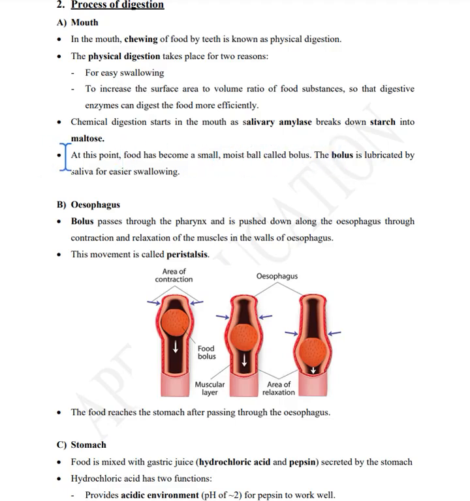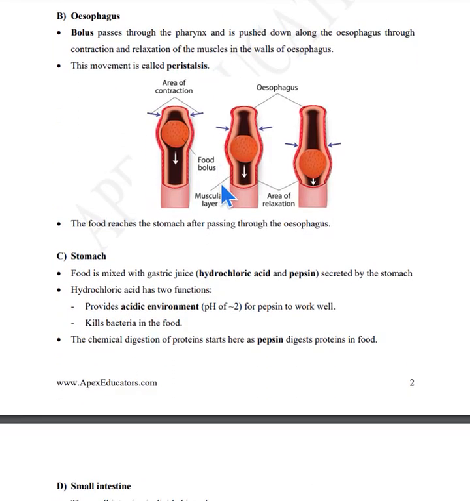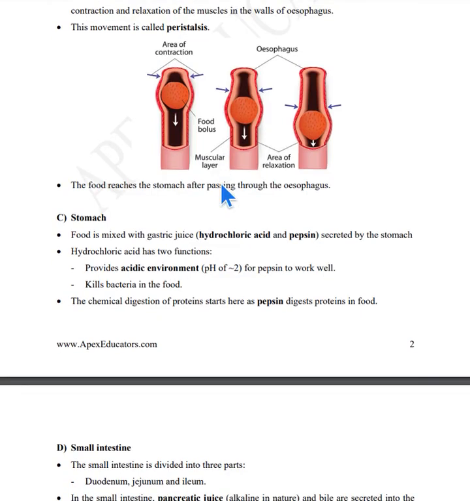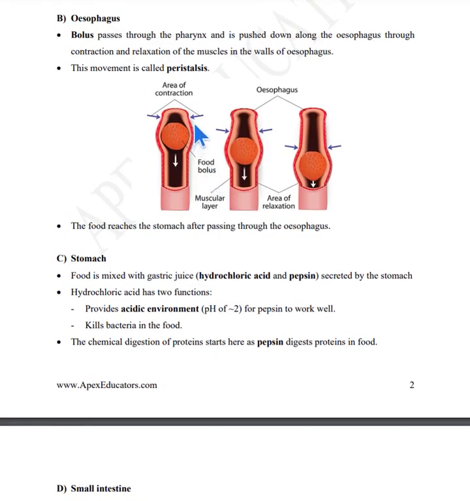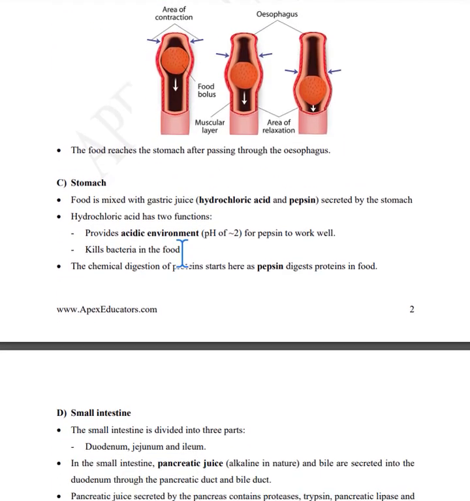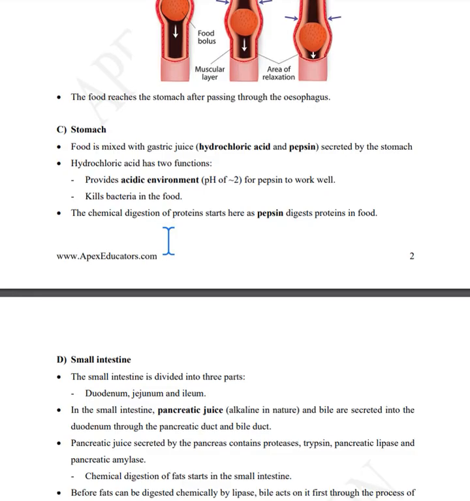This one you don't need to know. This one is just about the bolus, which is not covered in any syllabus. For the esophagus, you need to tell me that the food reaches the stomach after passing through the esophagus. The next one is the stomach.